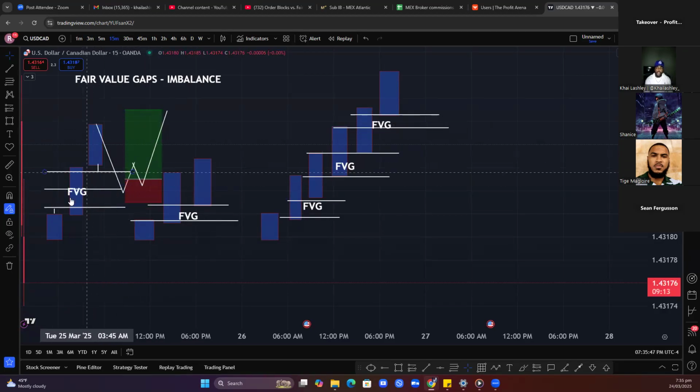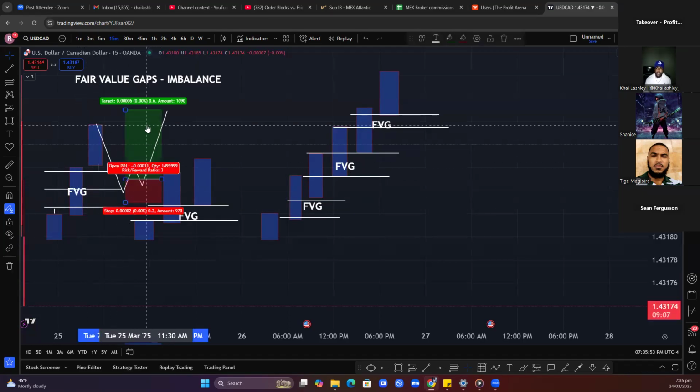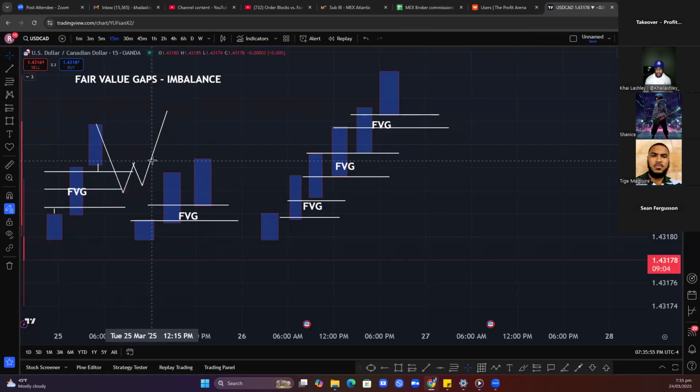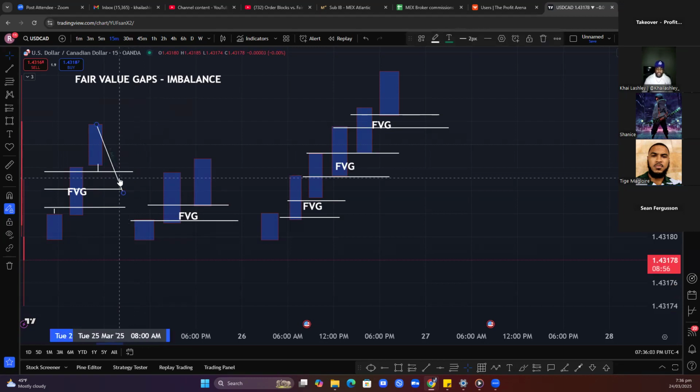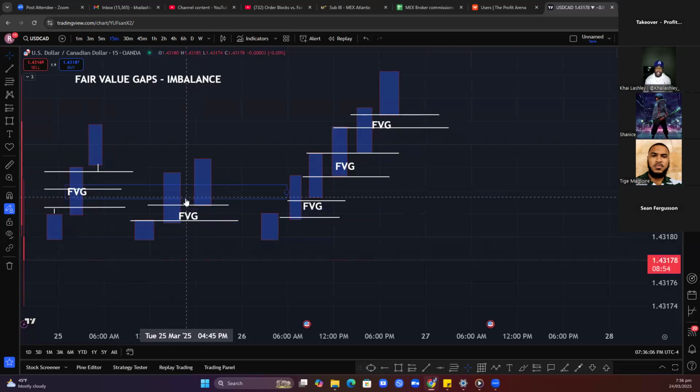So this is one way you approach major areas, right, or massive or wide areas of imbalance. Okay, that's one. Two, this one is the pretty easy one. You don't have to do that much with this area here, where the price imbalance is lower to the order block, right?